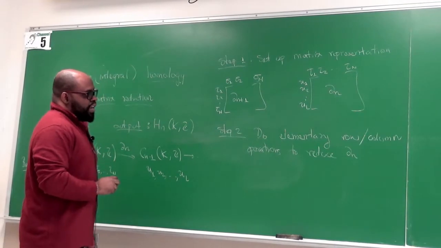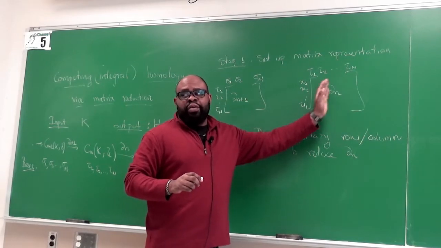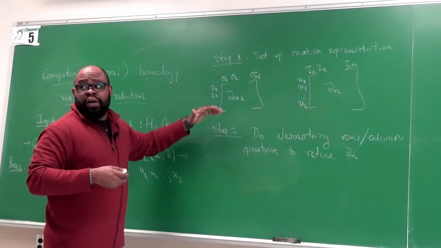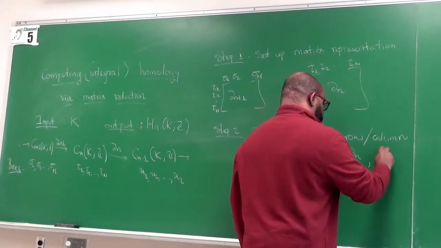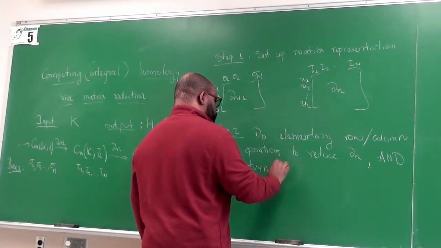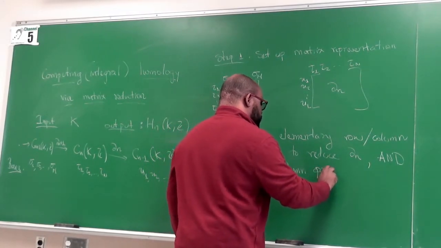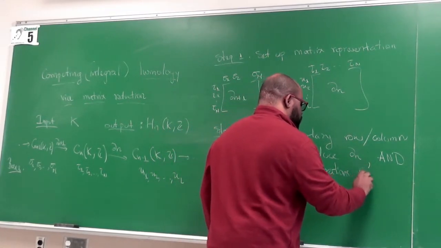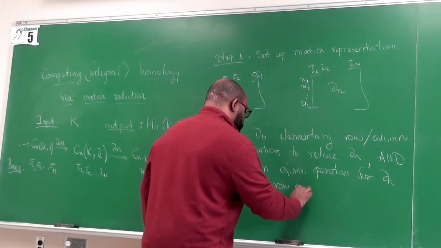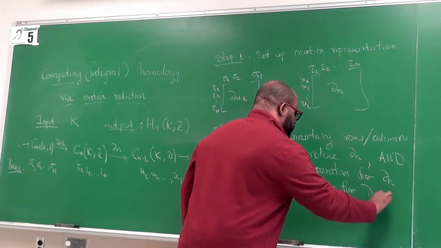And not only that, we're also going to take all the column operations we did and replicate the inverse of them as row operations on delta n+1.